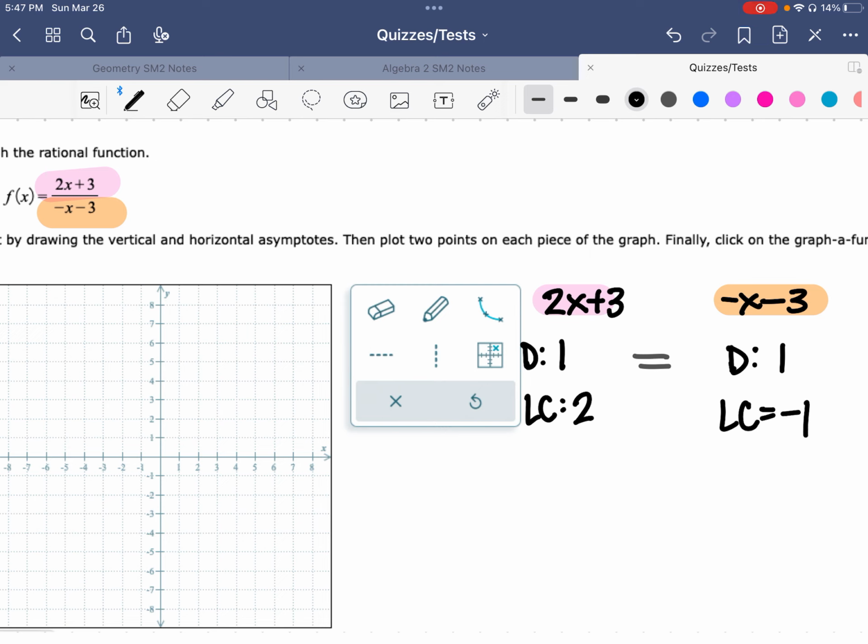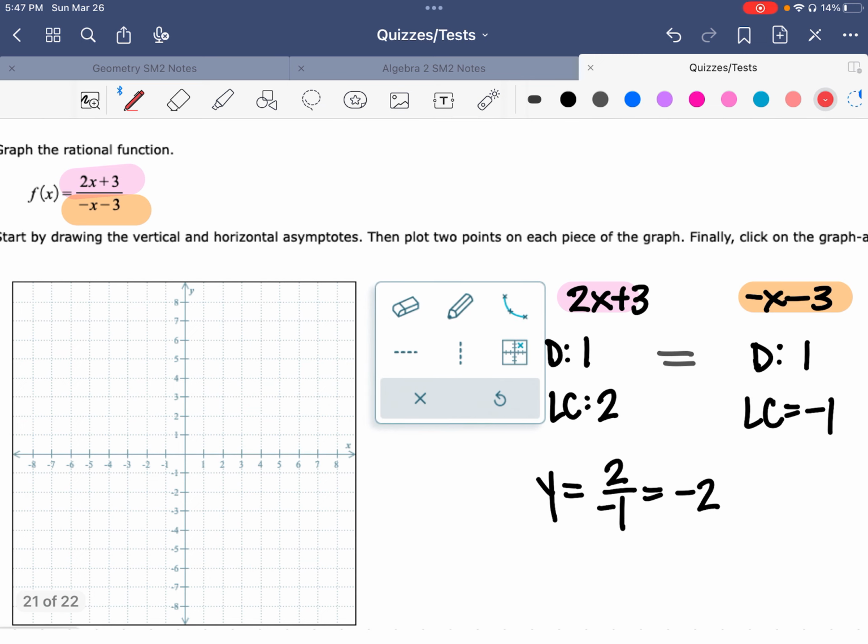So my y equals is going to be p divided by q, which is at -2. So my horizontal, sorry, I've got to keep it straight in my head, asymptote is right here. There we go.